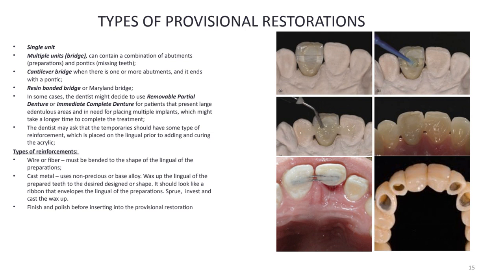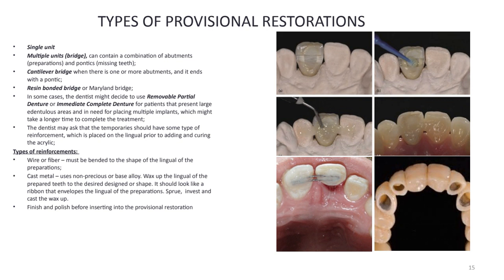Also, we can do a cast metal lingual wing. This type of restoration is a little more involved in the sense that we have to wax up the lingual of our restorations.